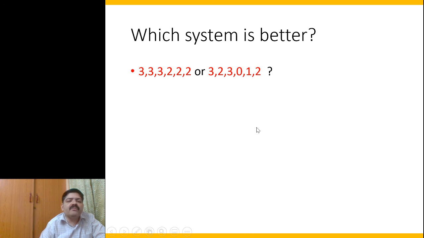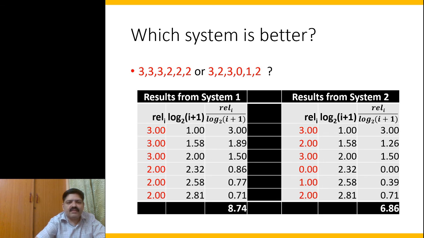Now, which system would you prefer and why? In this case, intuitively, it's quite obvious that we would prefer the first system because it seems to have more relevant documents at a higher location. And every place, in fact, has a better document than system 2. So comparatively, we should be preferring system 1.